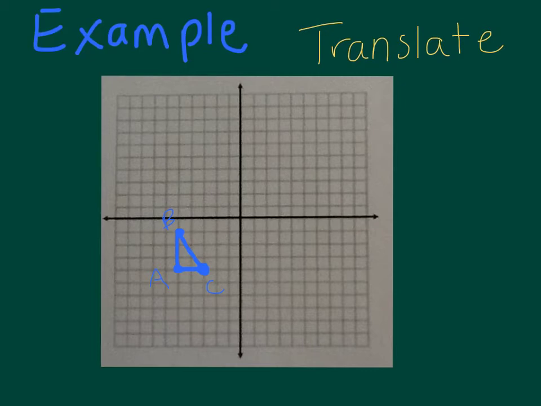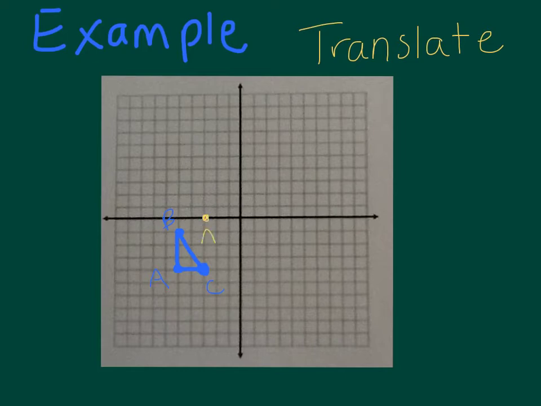Right now point A is at -5, -4. Let's move it up 5 places and over 2. So our new point A is going to be right here.